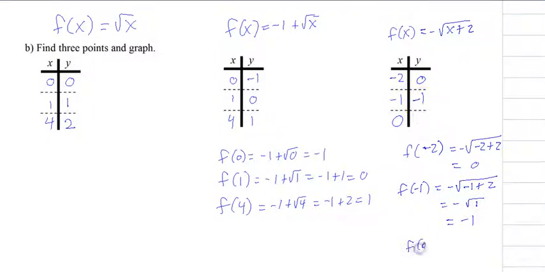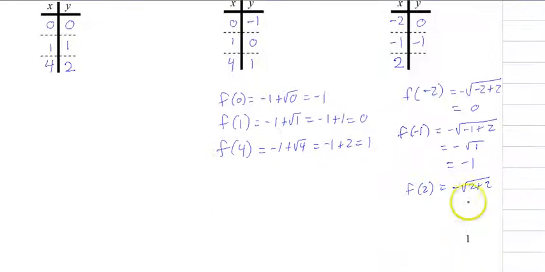Now f of 0, that's negative square root of 2. I don't want to do square root of 2, so let's pick another number. What we need is a 4 inside. If we pick 2, that'll give us 4. We could also use 7 to get 9. So f of 2, and there it is, negative 2.